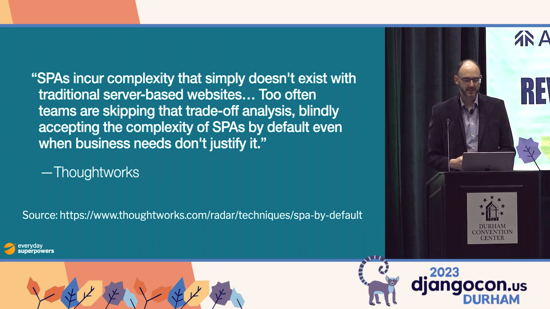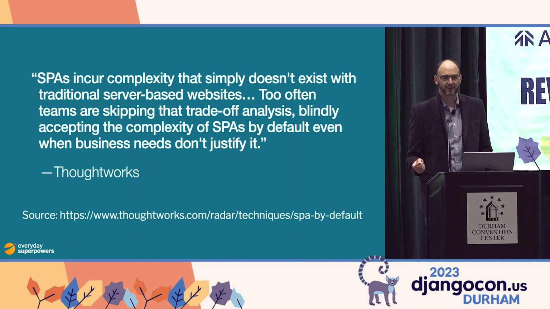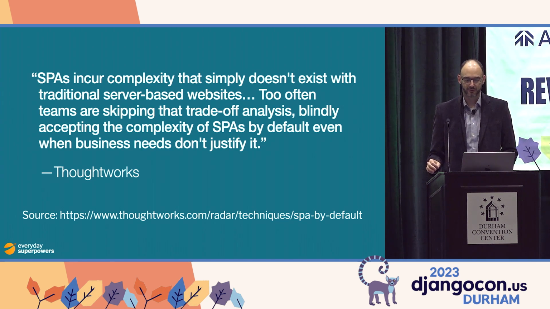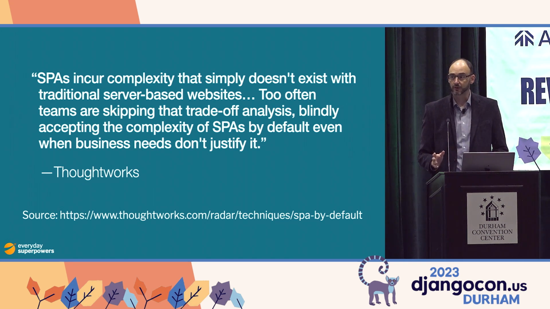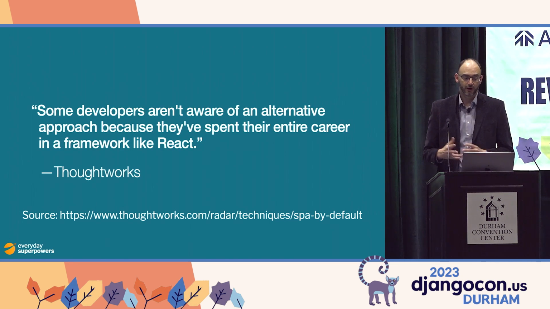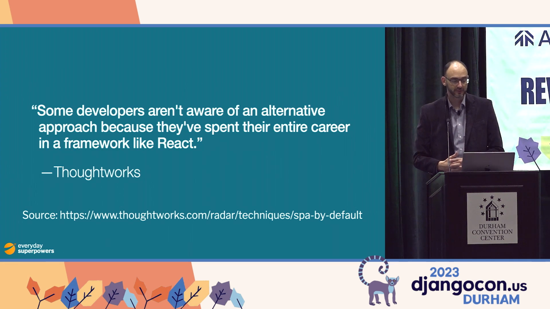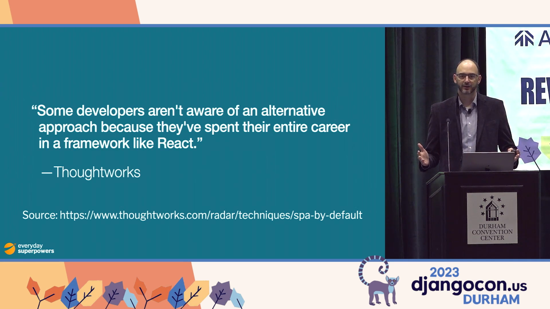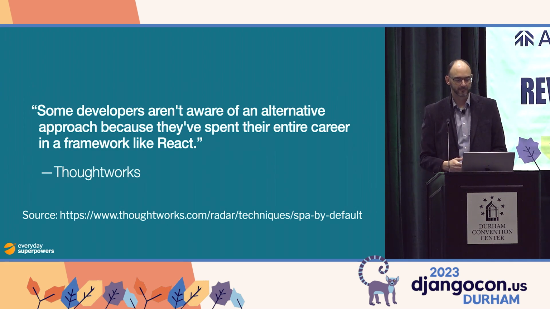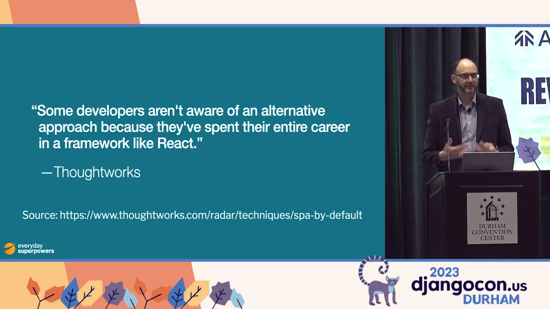Too often, teams are skipping the trade-off analysis, blindly accepting the complexity of SPAs by default, even when business needs don't justify it. Furthermore, some developers aren't even aware of an alternative approach because they spent their entire career in a framework like React. And I imagine many of you here today are using Django as an API server for such an application.